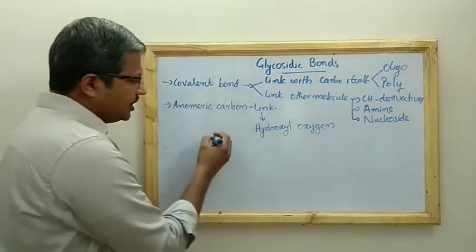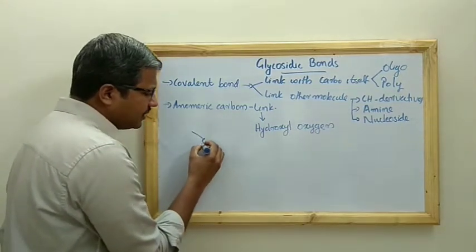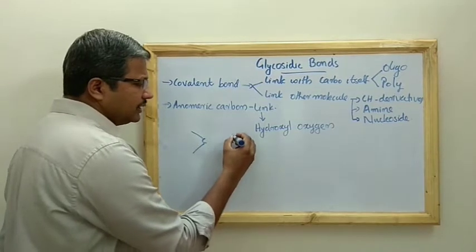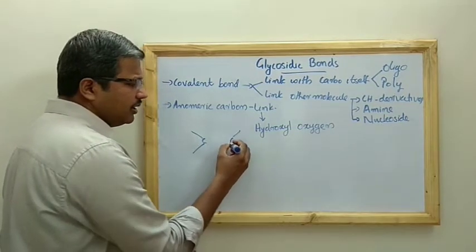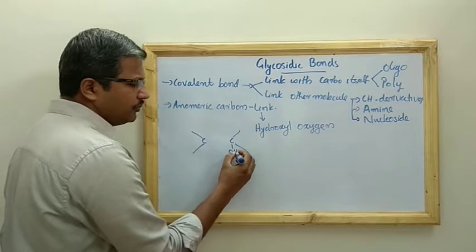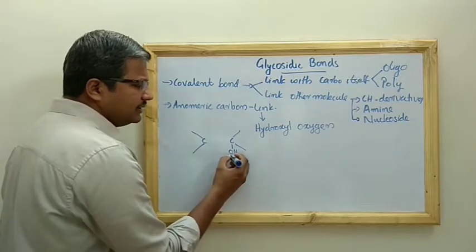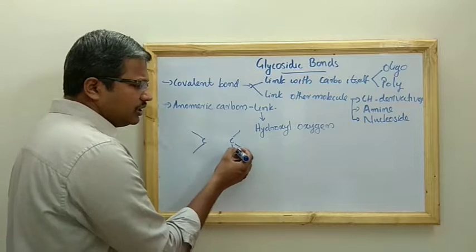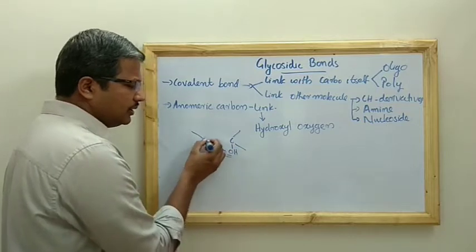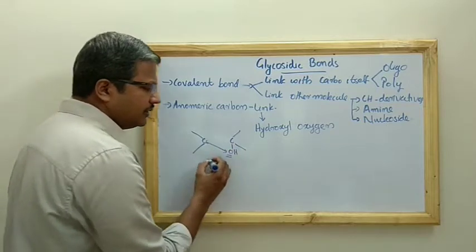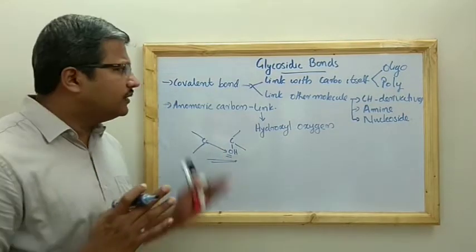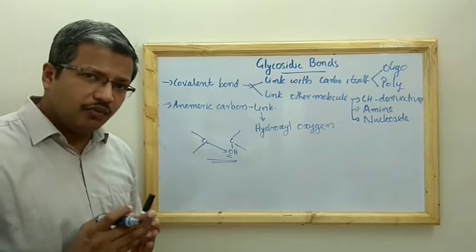I am just representing that. This carbon is the anomeric carbon. There is another carbon there with an OH group, and the oxygen of the hydroxyl group will be linking with this carbon. This is how, in most cases, glycosidic bonds are formed.